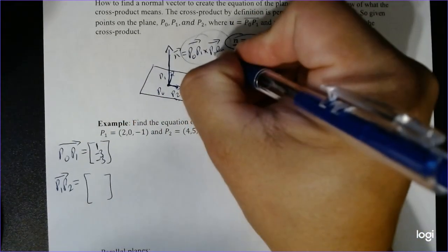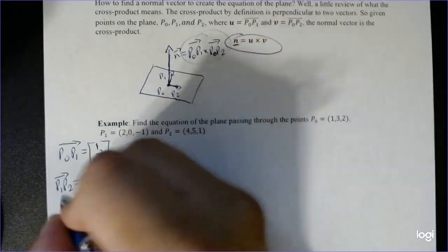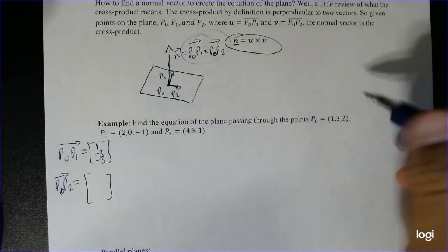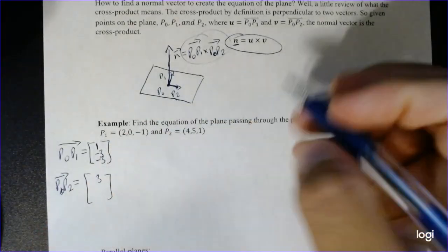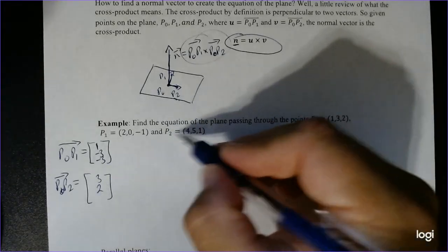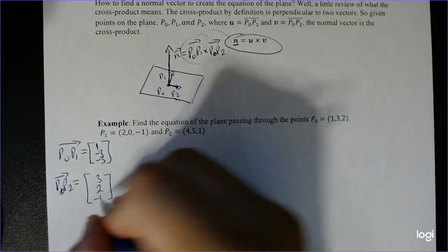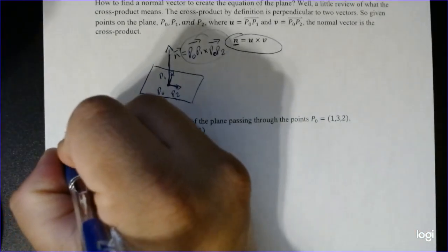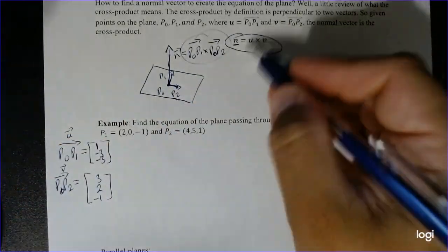What am I doing? This is P0, because I'm going from here to, yeah, that's right. Oops. Okay. 4 minus 1 is 3. 5 minus 3 is 2. And then finally, 1 minus 2 is negative 1. Okay. So I'll call these U and V just for abbreviation purposes.